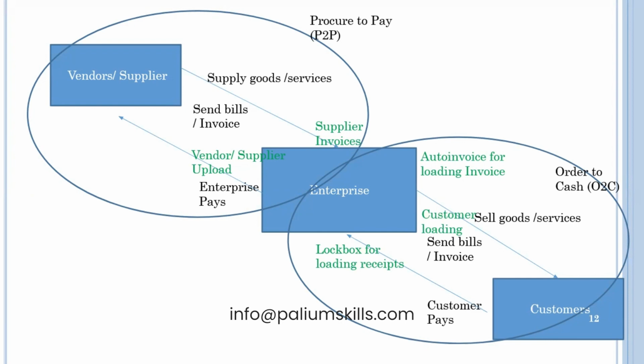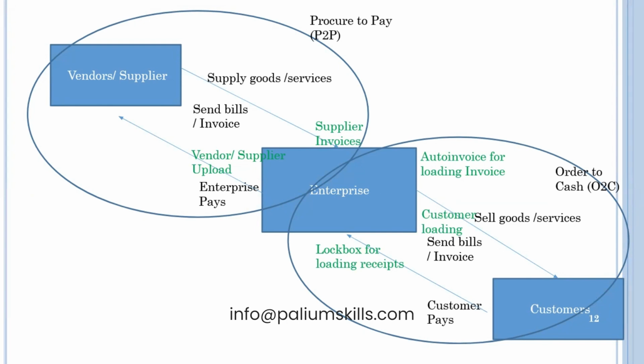Now there are ways to load the volume. When you have a high volume of transactions, you don't always enter them manually in the application. You have processes to upload all that into the application. For example, you can upload an invoice, you can upload a receipt, you can upload a customer, you can upload a supplier.